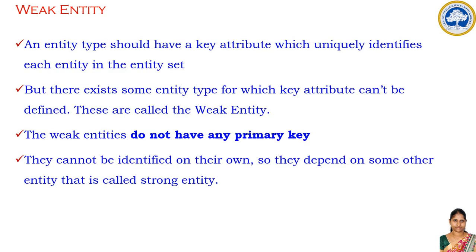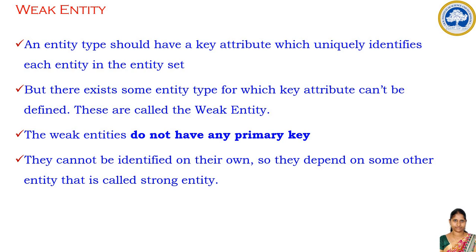But in our weak entity set, we don't have such kind of unique identification. So simply we can say that weak entities do not have a primary key. It always depends on some other entity, which is called a strong entity.